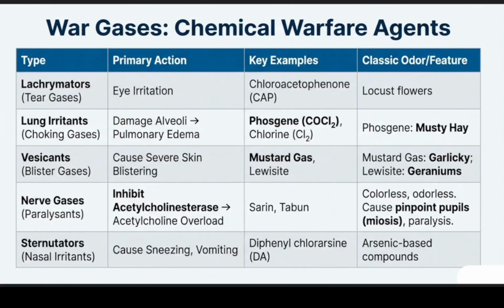Coming to the nerve gases, they inhibit acetylcholinesterase, because of which acetylcholine overload is going to be there, leading to pinpoint pupils, paralysis and all that. Examples are sarin and tabun. Remember that these nerve gases are colorless and odorless. Then we have sternutators, the nasal irritants, which lead to sneezing and vomiting.